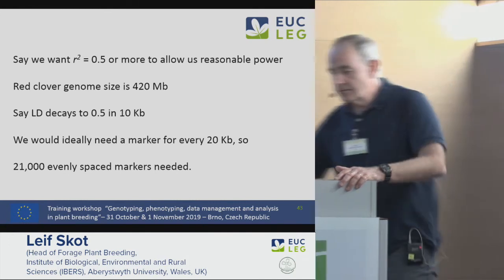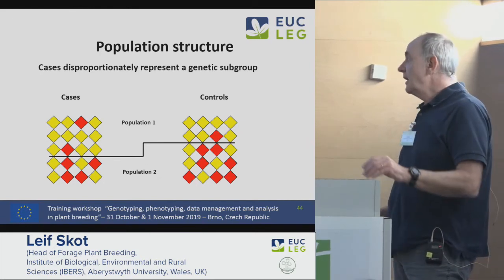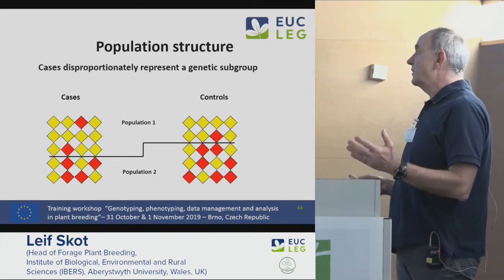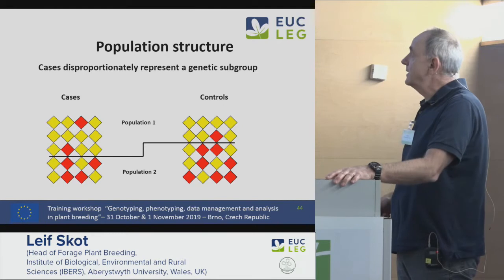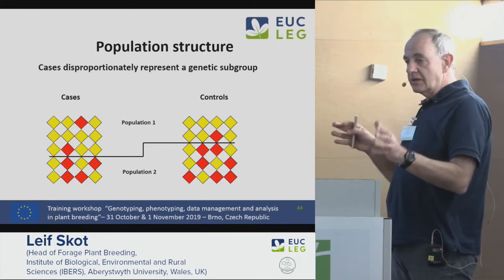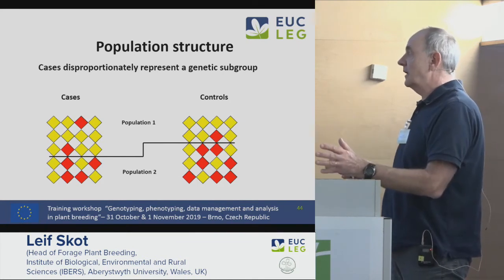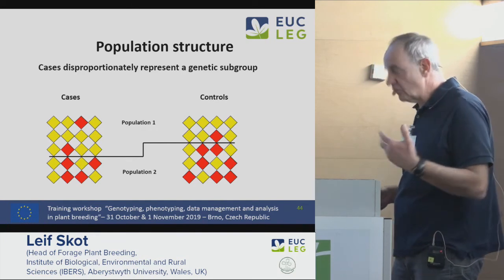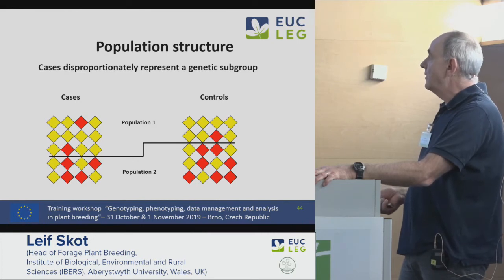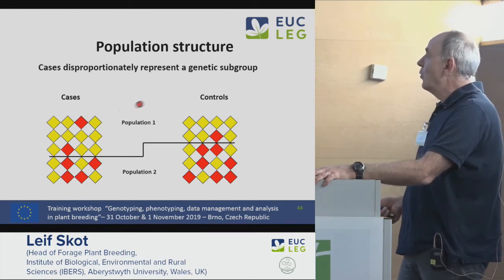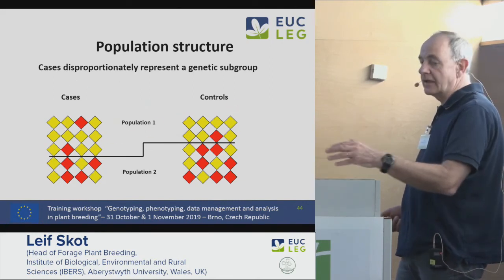So that's another thing to think about when you do GWAS. The other thing is structure in the populations. If you have cases, for example, which I've taken from human genetics, where they usually work with cases and controls, a population where you want to look at the risk of a genetically based disease, then you worry about whether cases are disproportionately represented in one subgroup than in another.